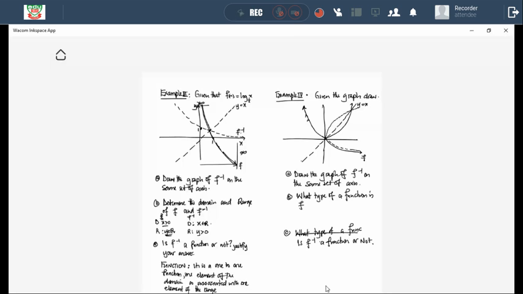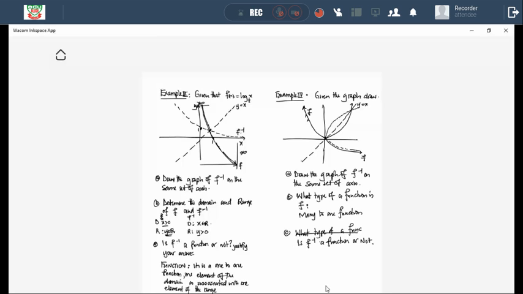Okay, right. What type of a function is f? F, the original function, f of x, the cup-shaped parabola, is a many-to-one function. One element of the many elements of the domain is associated with one element of the range. Is f inverse a function or not?